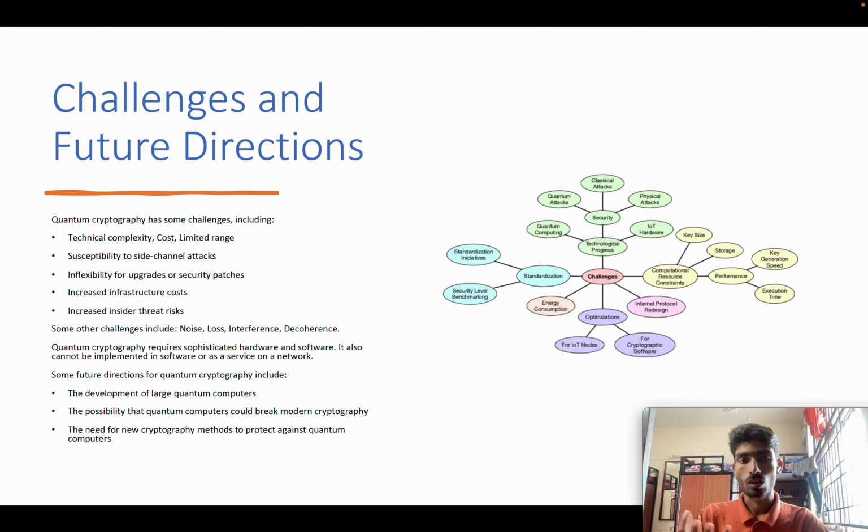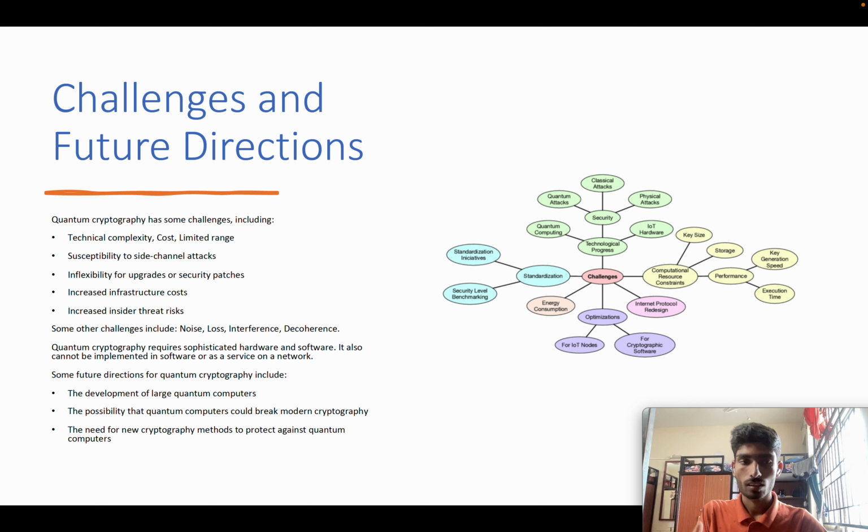We have to face these challenges and work accordingly, and also build something for the future which can deal with quantum computers. This necessity will drive new explorations of cryptographic methods to protect against highly robust quantum computers.